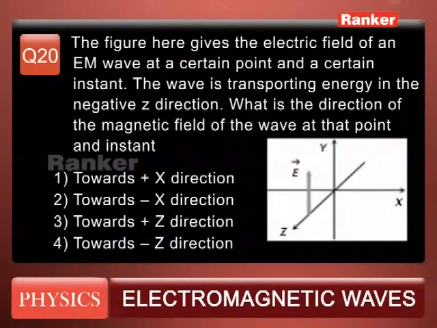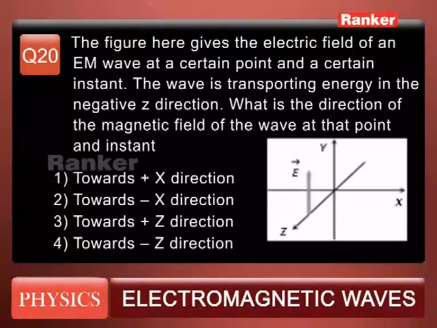Question number 20. The figure gives the electric field of an electromagnetic wave at a certain point and a certain instant. The wave is transporting energy in the negative z direction. What is the direction of the magnetic field of the wave at that point?